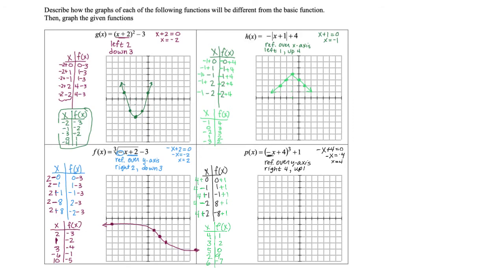So we have 4, 1. We have 3, 2. 5, 0. 2, 9. And 6, -7.